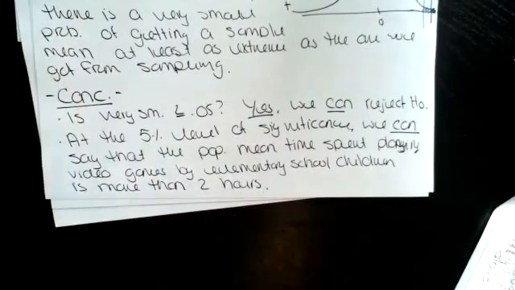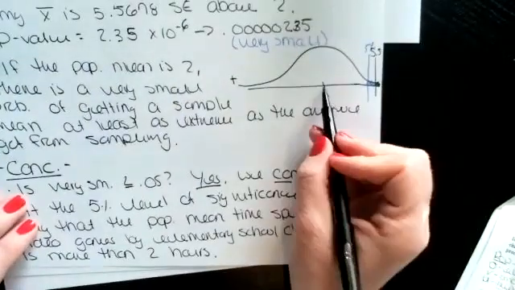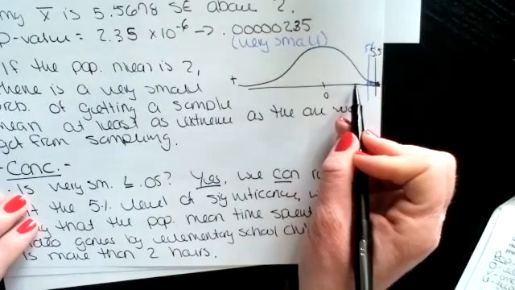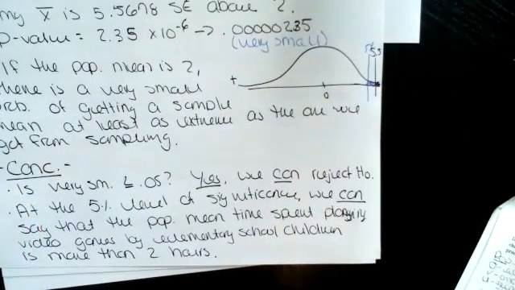So we are saying that. We think the center of our curve should be moved to the right. We think it should be greater than the 2. That's what we're saying here in our statement.